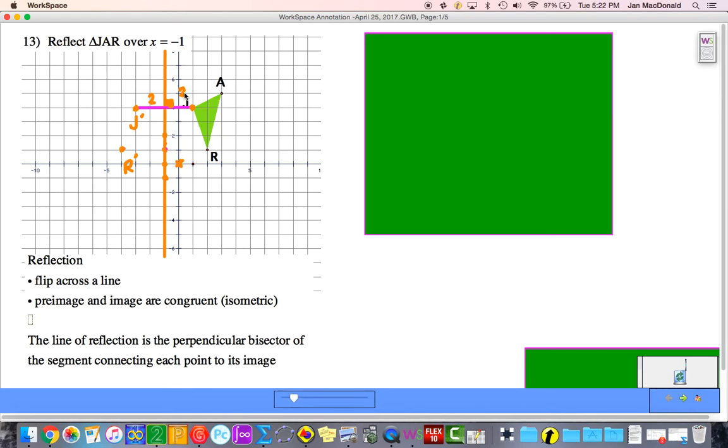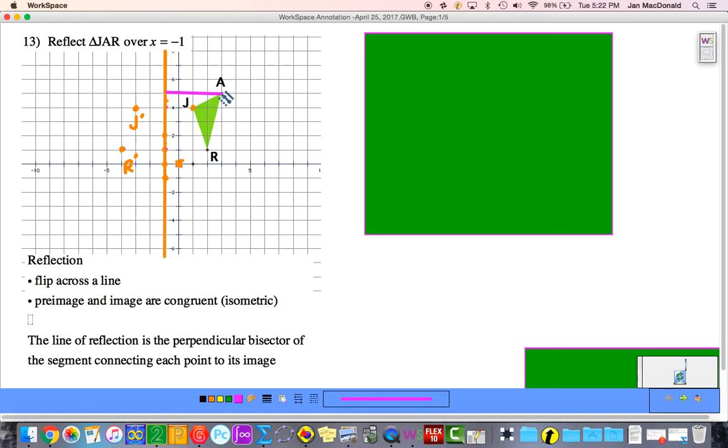Again, I'd like to erase that just so I can clear up my diagram. And last but not least, I need to reflect A. Again, the only type of line that is perpendicular to a vertical line is a horizontal line. From A to the perpendicular bisector is 1, 2, 3, 4 units.